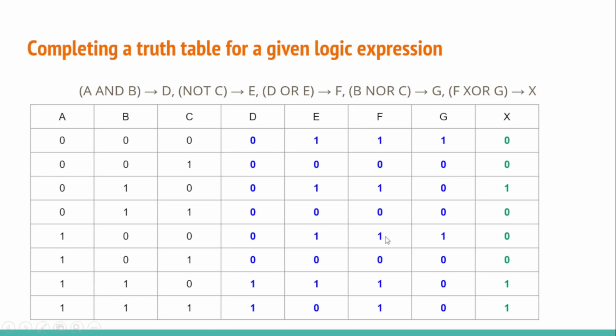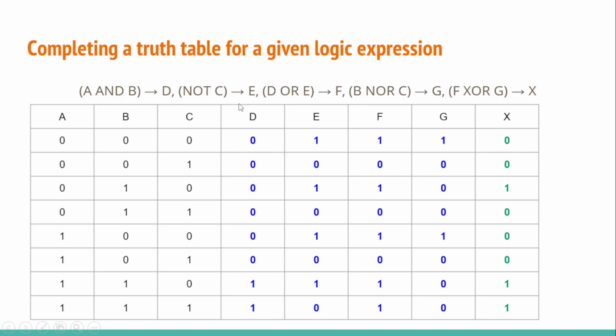We have 1 for both inputs in the last 2 rows of this table. Hence, D has 1 and 1 in the last 2 rows, and the rest are zeros.